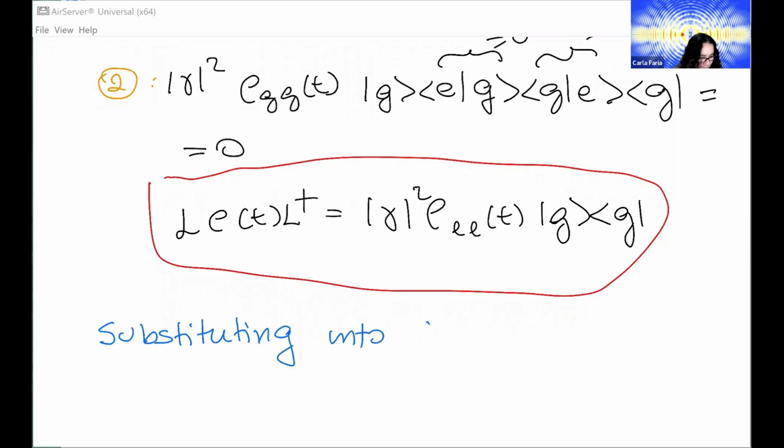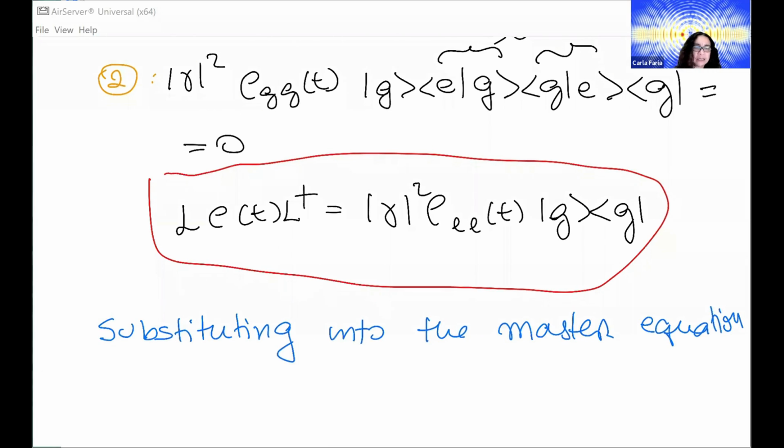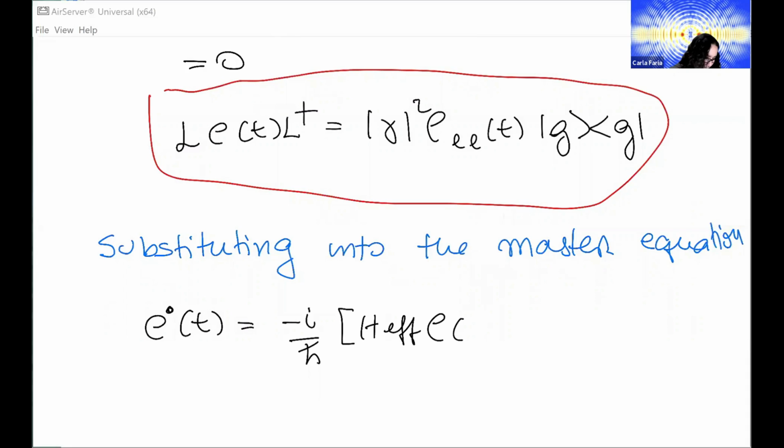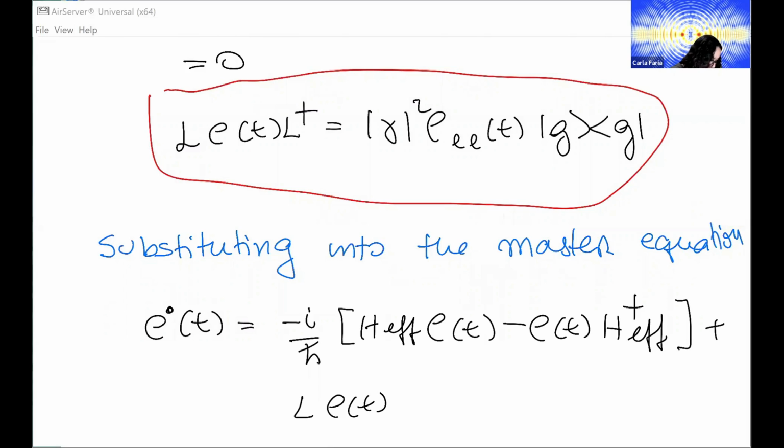We find that rho dot T is equal to minus I over H bar. This is what we want to do, right? Just recapping. Plus L rho T L dagger.